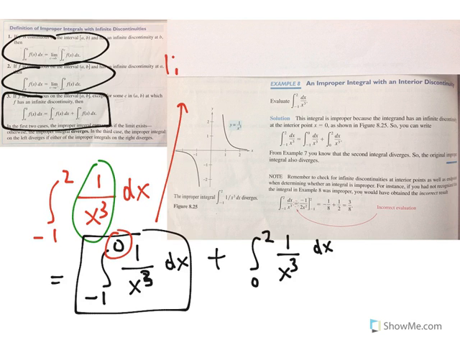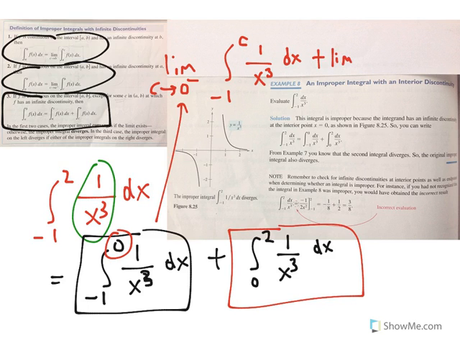So you're going to rewrite that as the limit of the definite integral from -1 to c of 1 over x cubed dx as c approaches 0 from the left of 0, plus this one here, you're going to rewrite that as the limit of the definite integral from c to 2 of 1 over x cubed dx as c approaches 0 from the right side of 0.